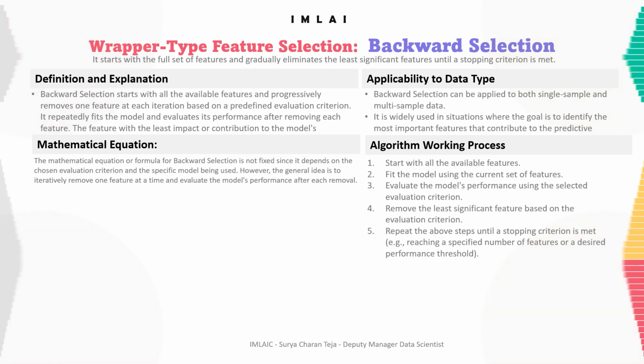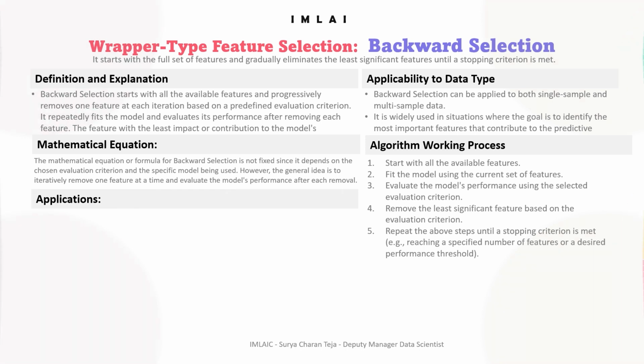So now let's look into the applications, in which fields the backward selection for feature selection can be applied. So backward selection is commonly used in machine learning and data analysis tasks to identify the most relevant features for modeling and prediction. It can be applied in various domains, including the first one, predictive modeling, identifying the key variables that influence the outcome of a prediction task.